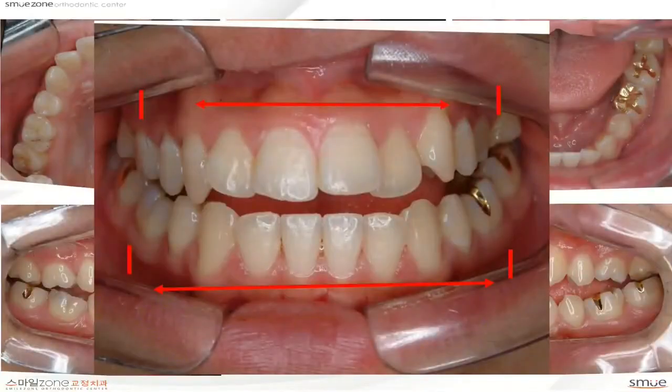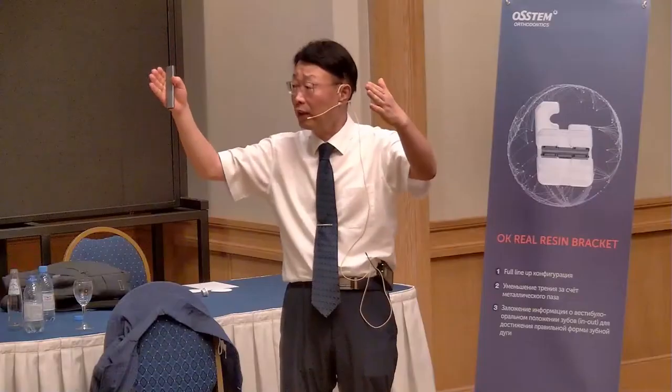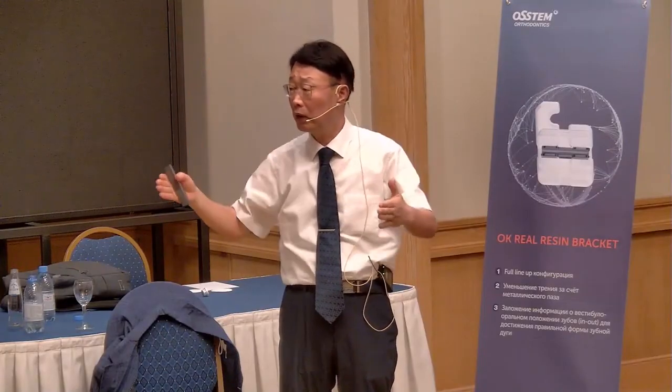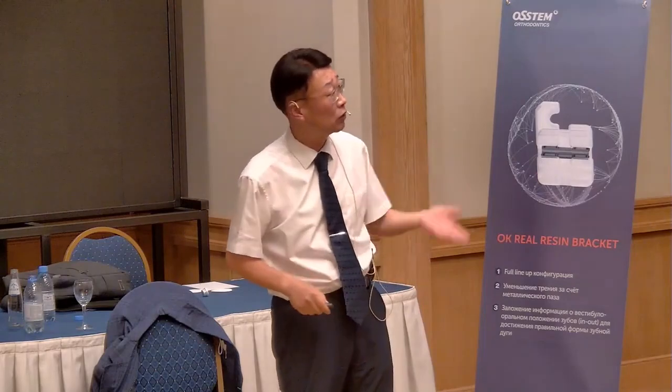Whether you have to expand the maxilla itself, not dentally but skeletally, palatal expansion, maxillary palatal expansion, rapid palatal expansion, maxillary skeletal expansion, whatever you call it, we decide. We have to judge the transverse width by comparing maxilla and mandible like this one.